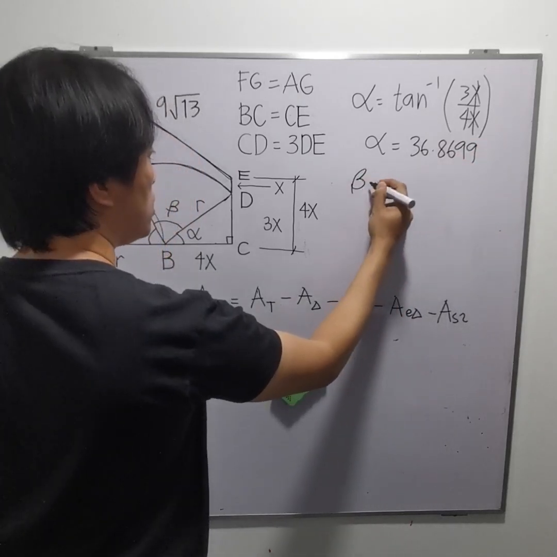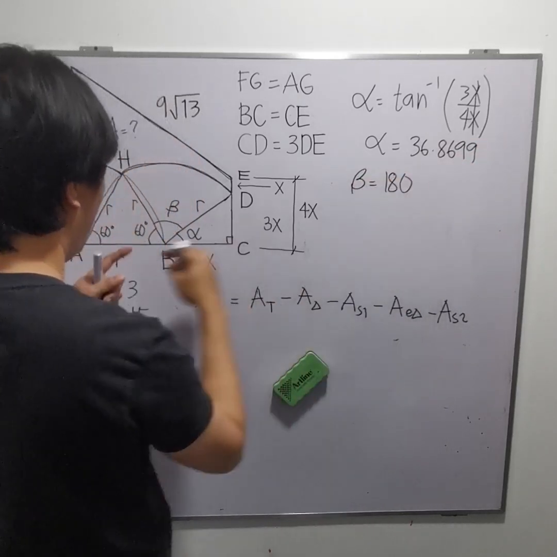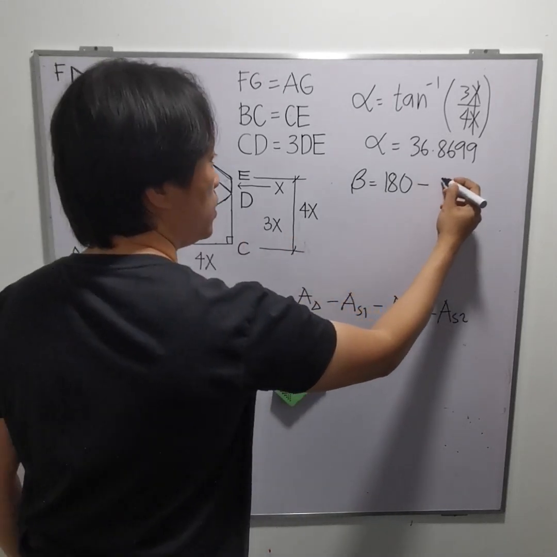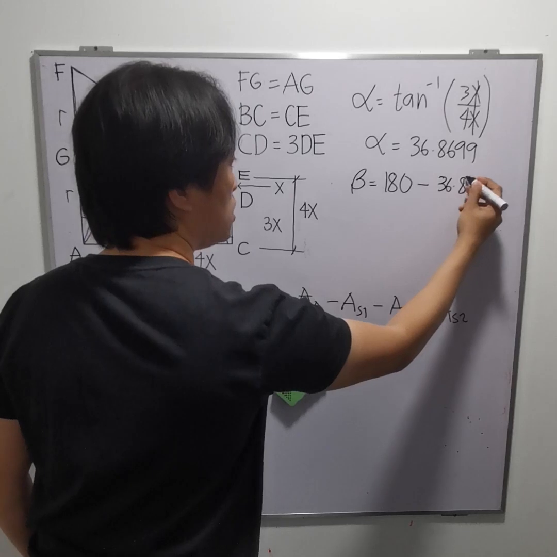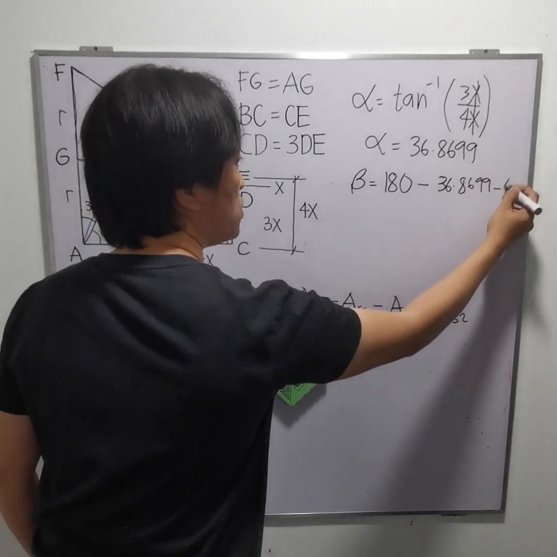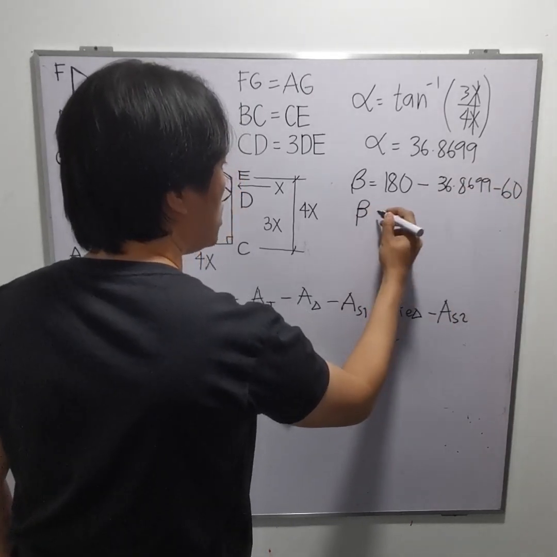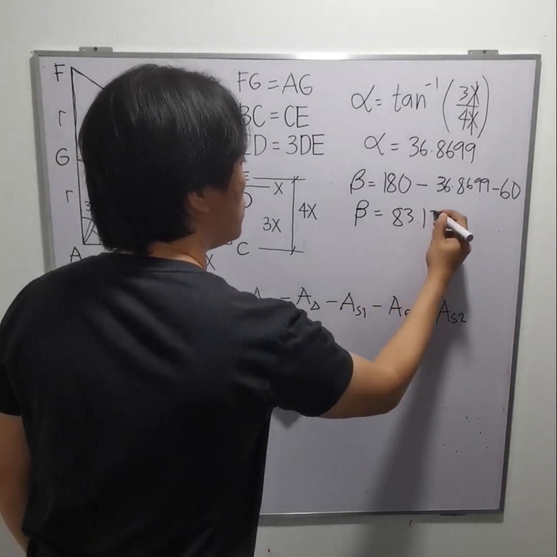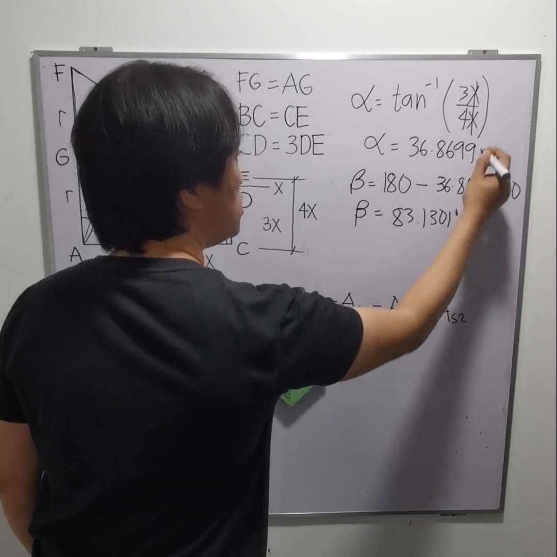Now beta is equal to 180 degrees minus alpha minus 60, so 180 minus 36.8699 minus 60. So beta is equal to 83.1301 degrees.